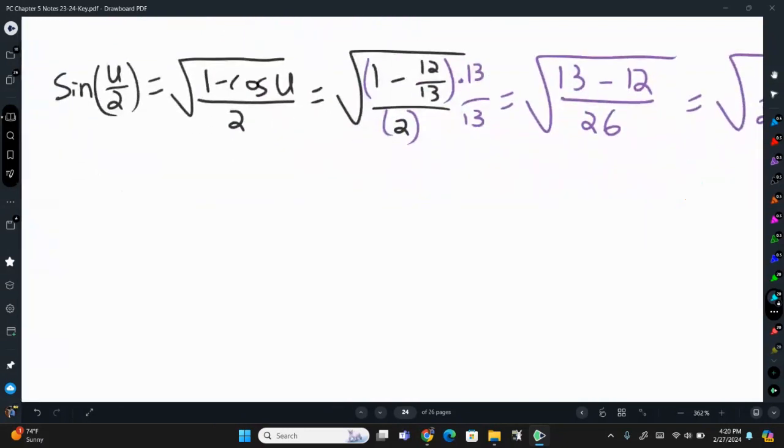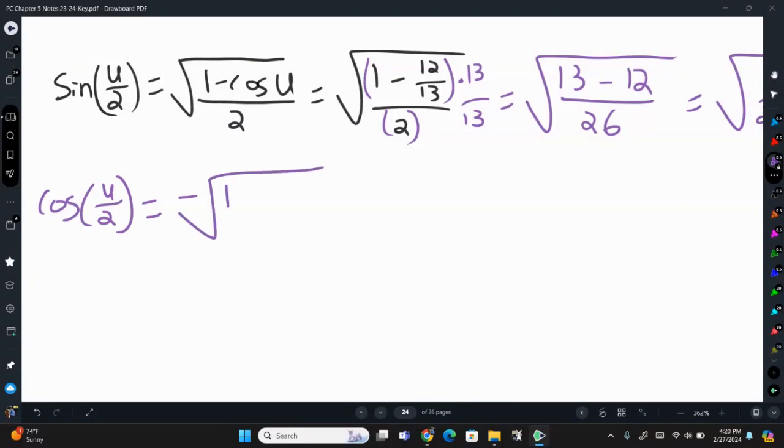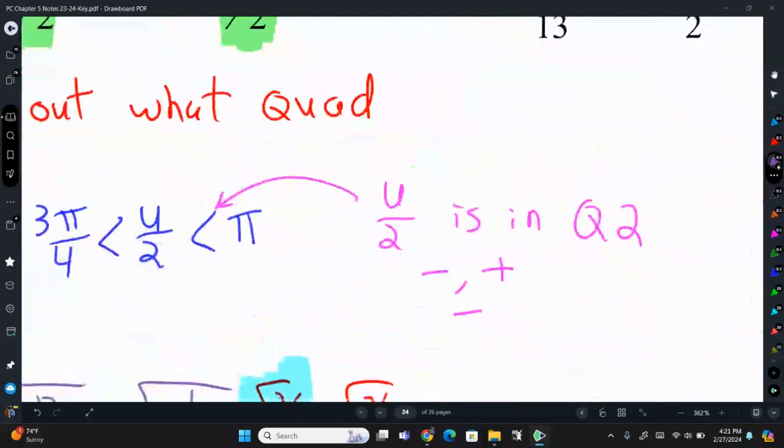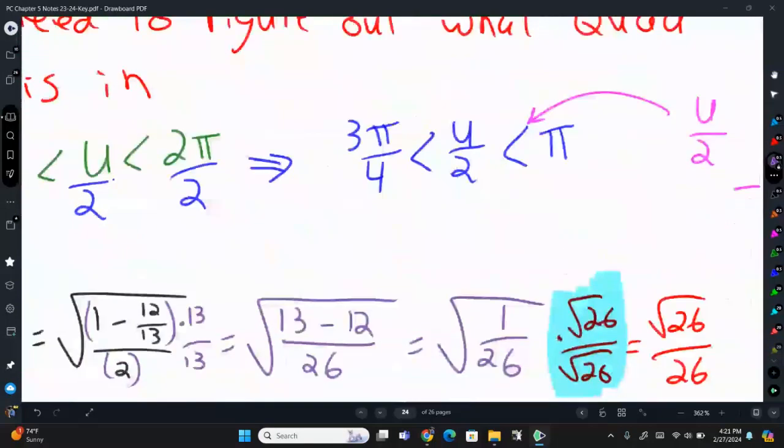Now the cosine of u over 2 is equal to negative square root of 1 plus cosine of u over 2. And again, we're using the negative in front because our angle is in quadrant 2 where cosine is negative.